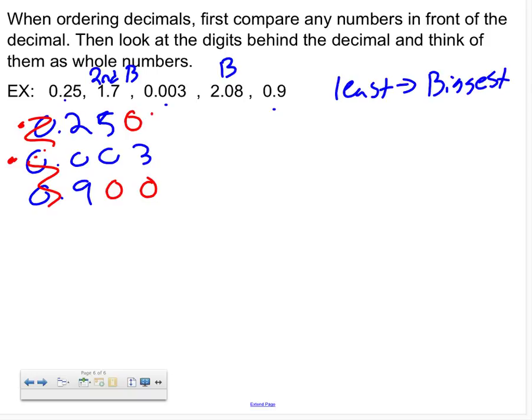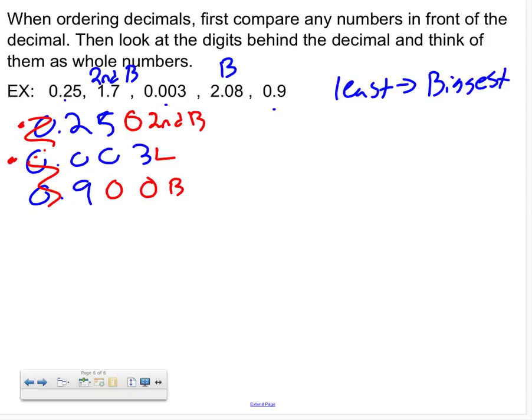So of this, this, and this, which is bigger, 250, 003, or 900? Well, of this bunch, 900 is the biggest, 250 is the second biggest, and 003 would be the least.